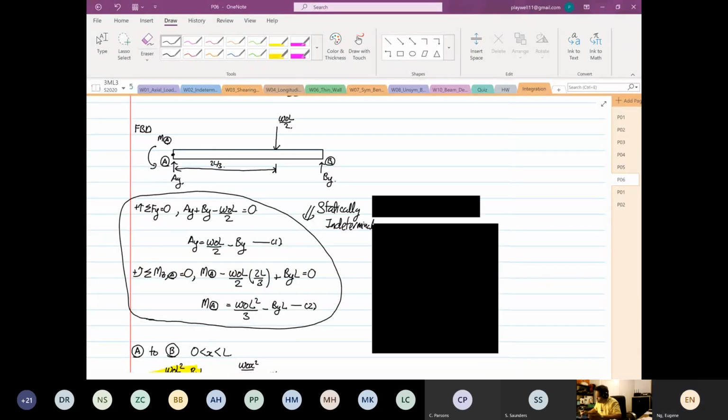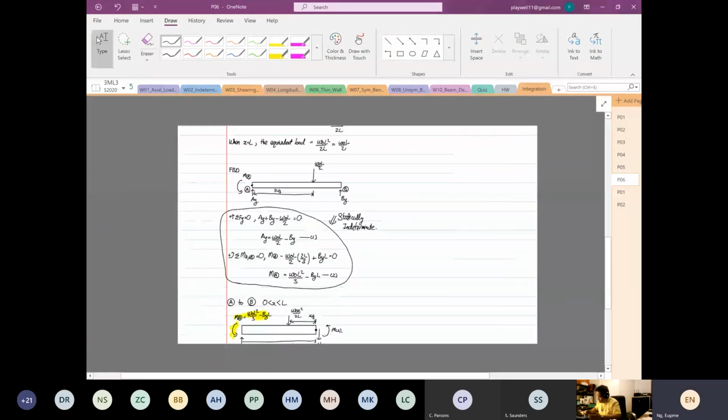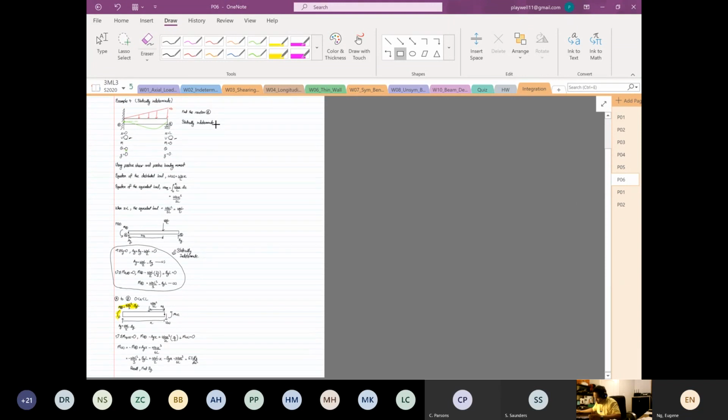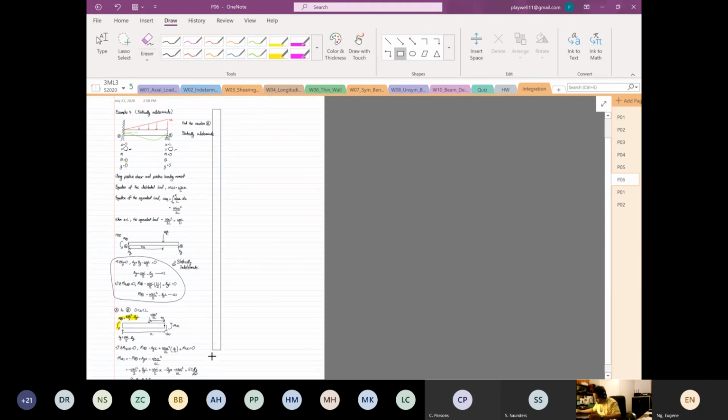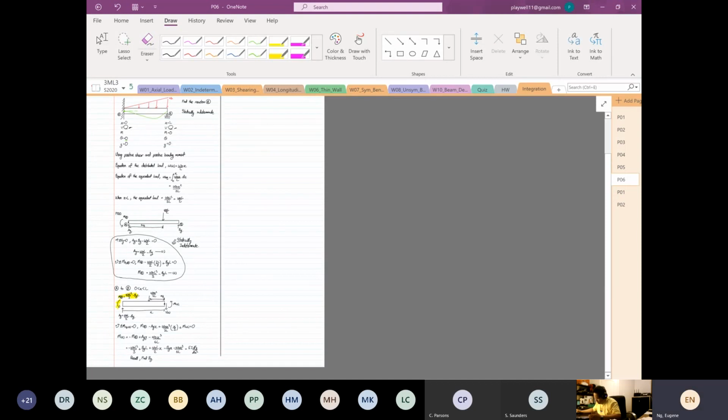Okay. From here, I'm going to split the page into two. As I said, we are going to find By now.